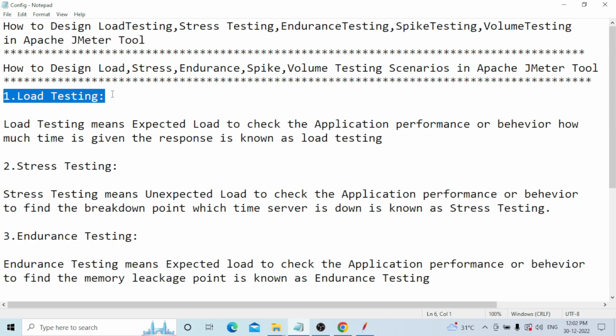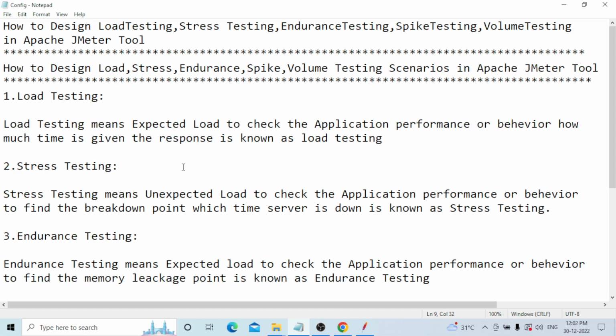Load testing is the most popular and everyone will be doing it. You directly hit the respective servers, and based on the expected load and the specific load running time, you check how much response time is given. That is our objective. Only how much time the server takes to give the response is the main objective.